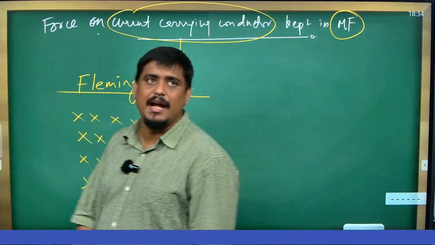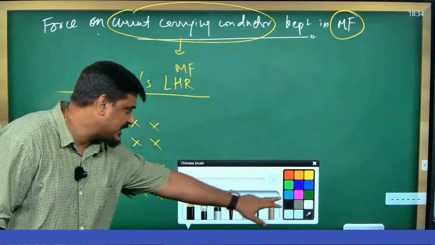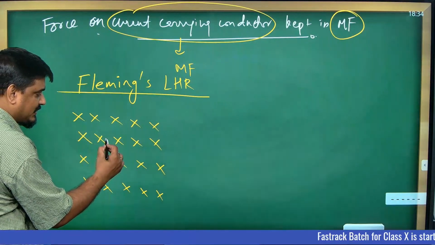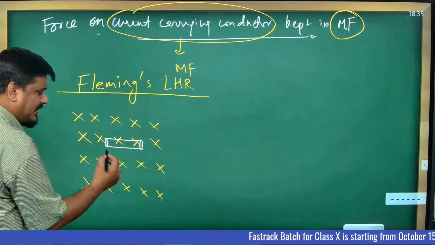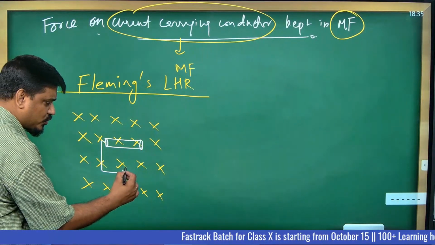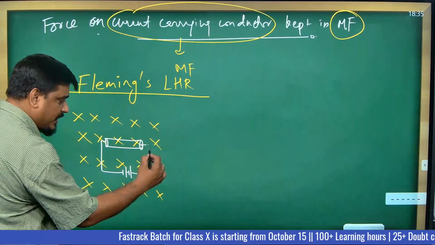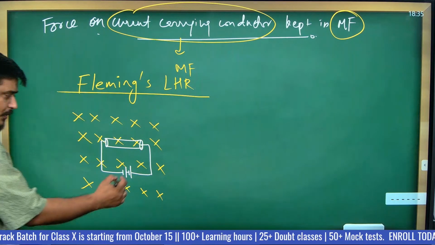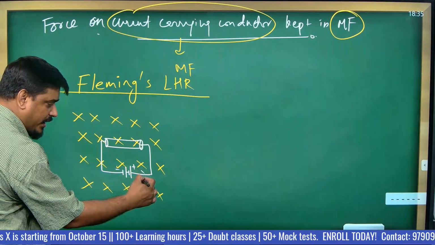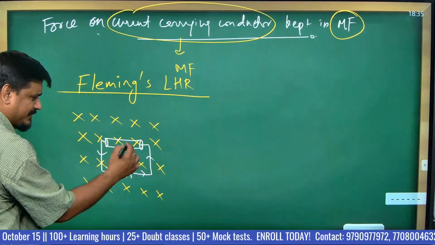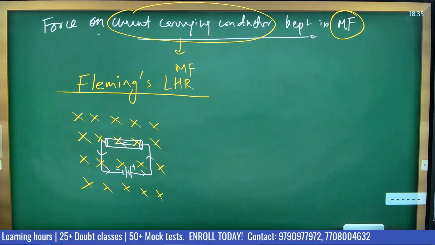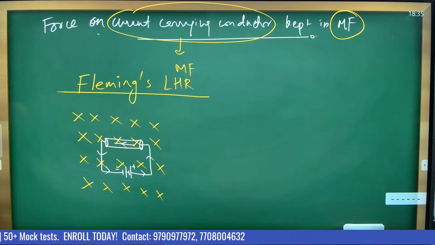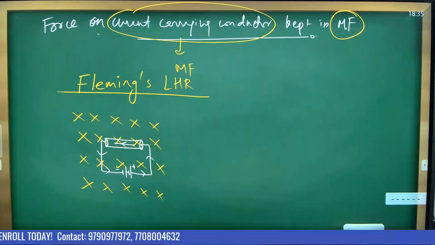Imagine I am having a conductor kept somewhere like this, and this conductor is connected to a source of EMF, a battery. Positive, negative, so current flows like this. Current is known to you. Magnetic field is known to you.